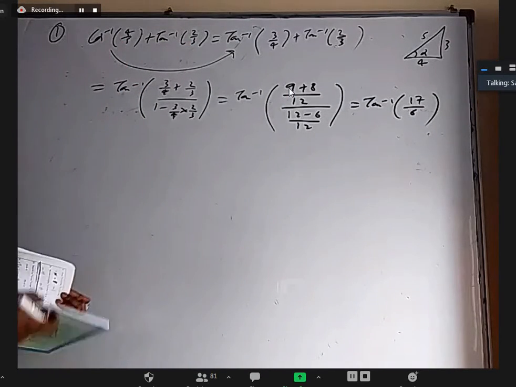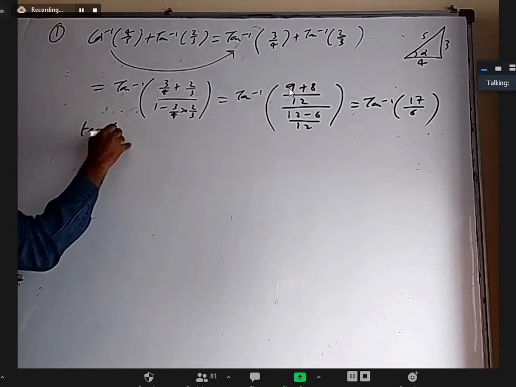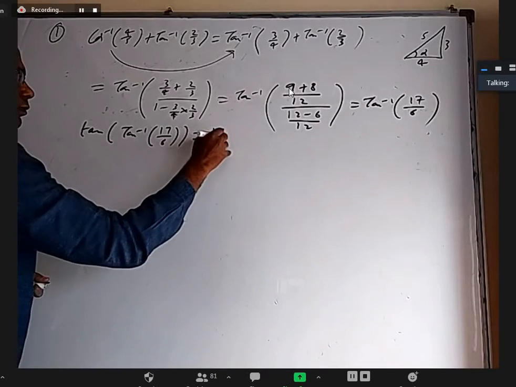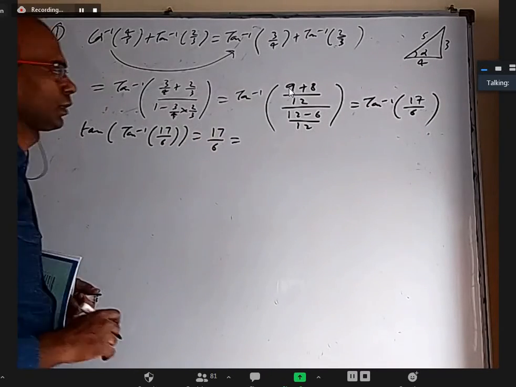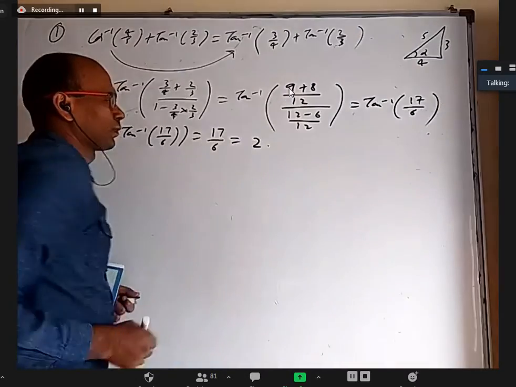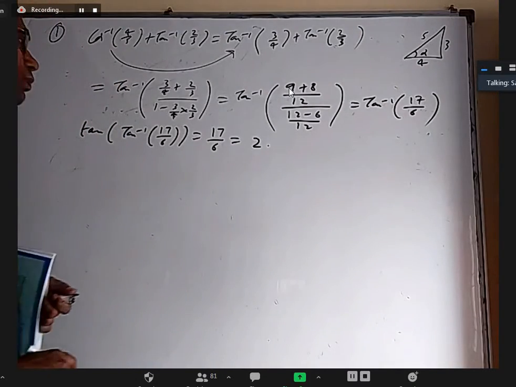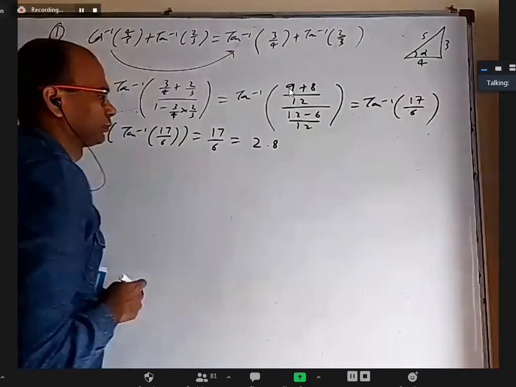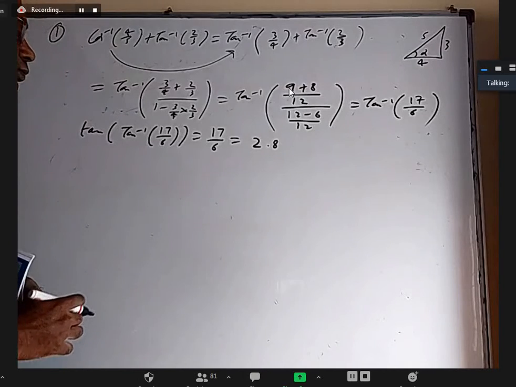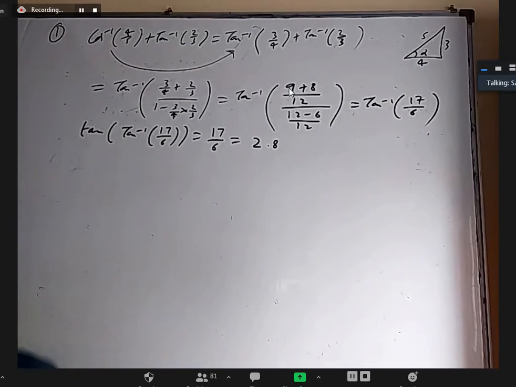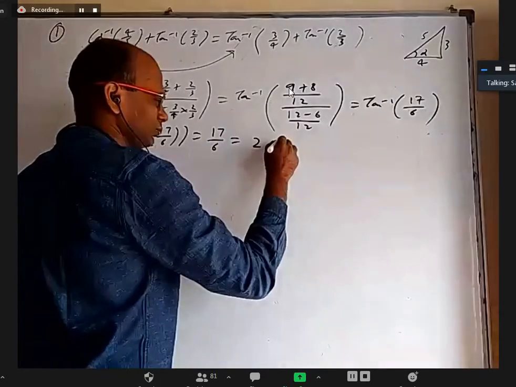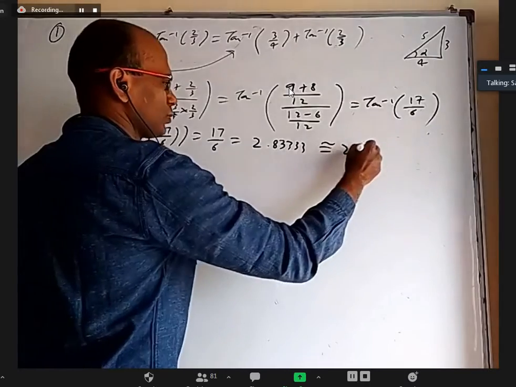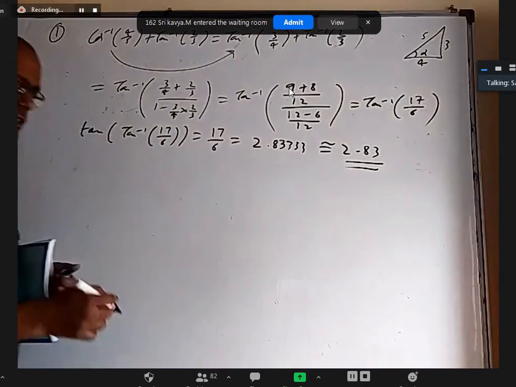And tan of that is 17 by 6. 6 2s are 12, 50, 6 8s are 48. So when you round it off, 0.83 only, because the next digit is less than 5.